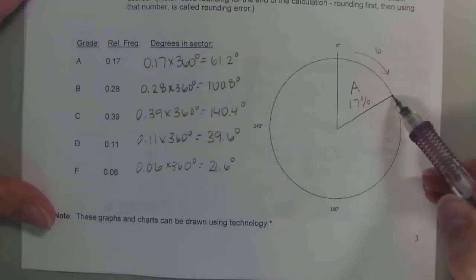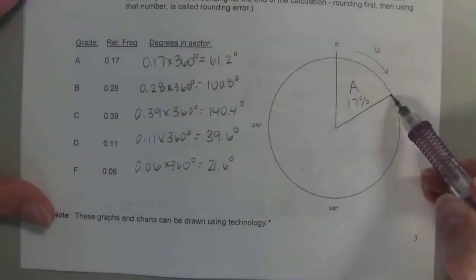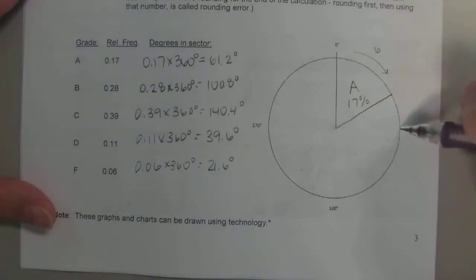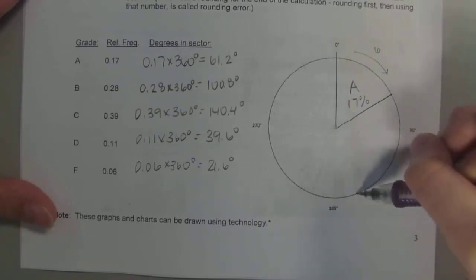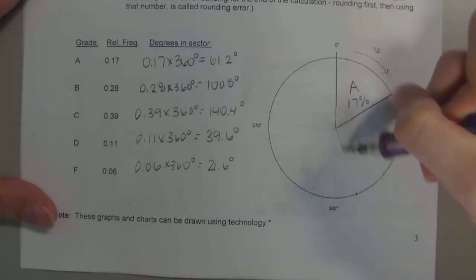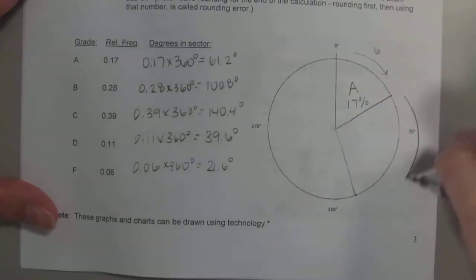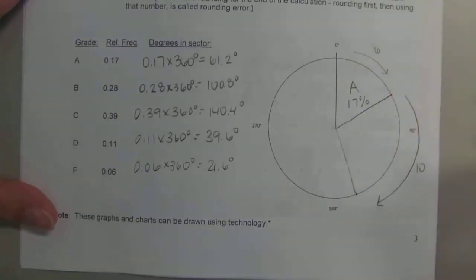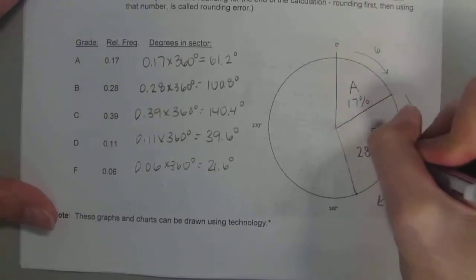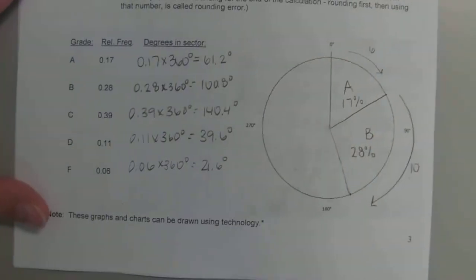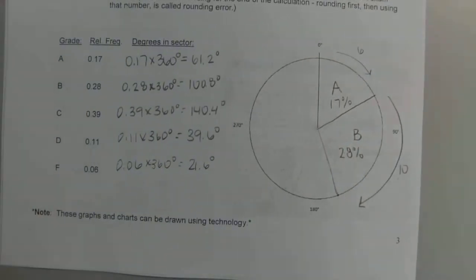So that's 10 sectors we're going to count, but we're going to count off of where we stopped, okay? So count 10 off of that. 1, 2, 3, 4, 5, 6, 7, 8, 9, 10. And that will be our B's, which is about 28% of our data.